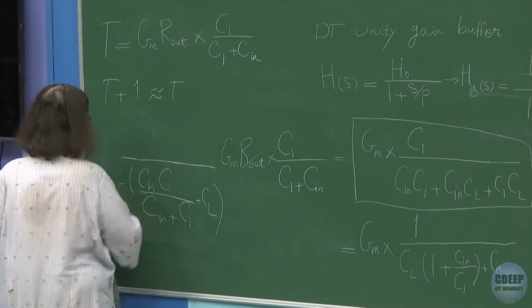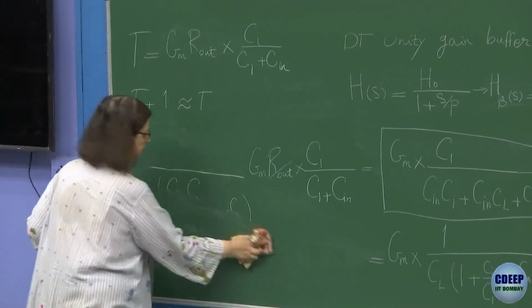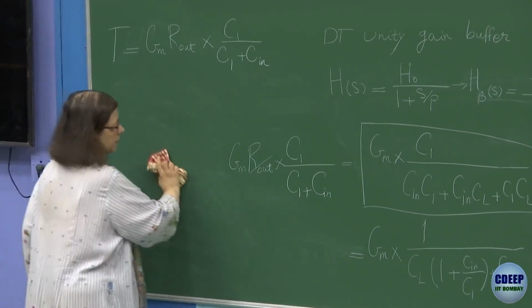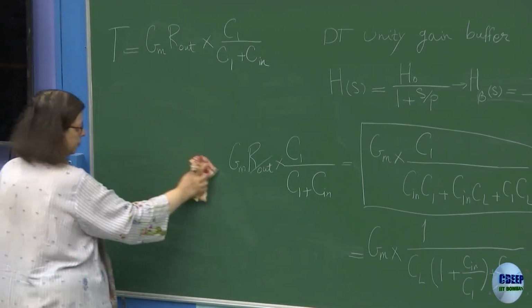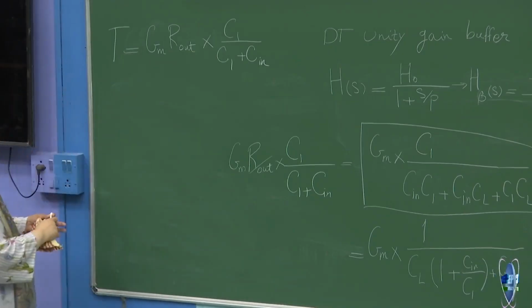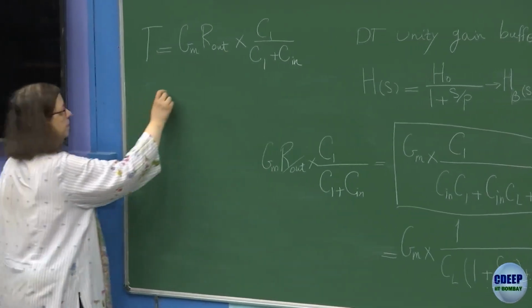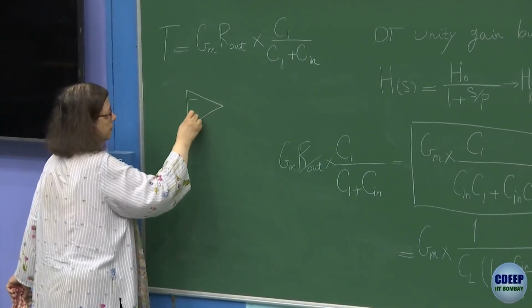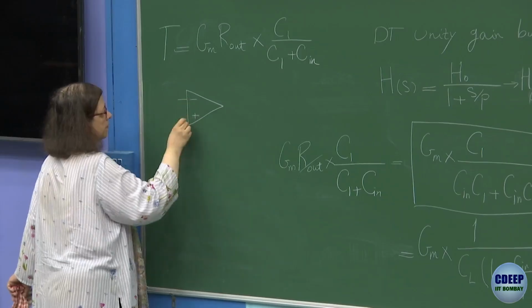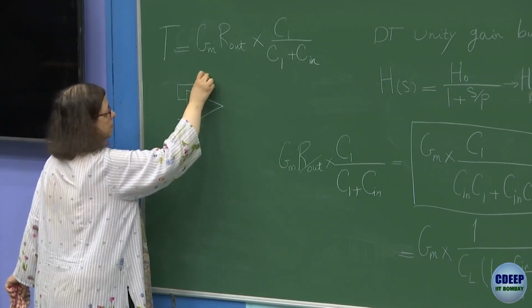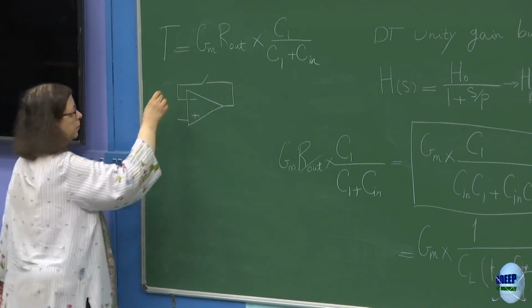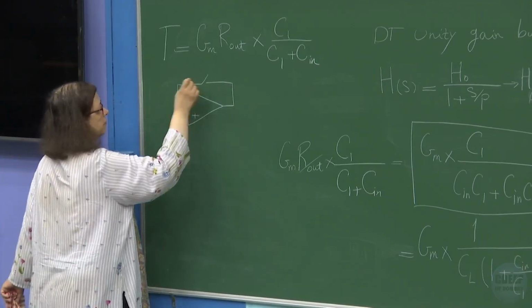By the way, there is one more name for this circuit, which is called the flip around discrete time unity gain buffer, because this does the flip around arrangement. There was a switch for creating an analog buffer during sampling.